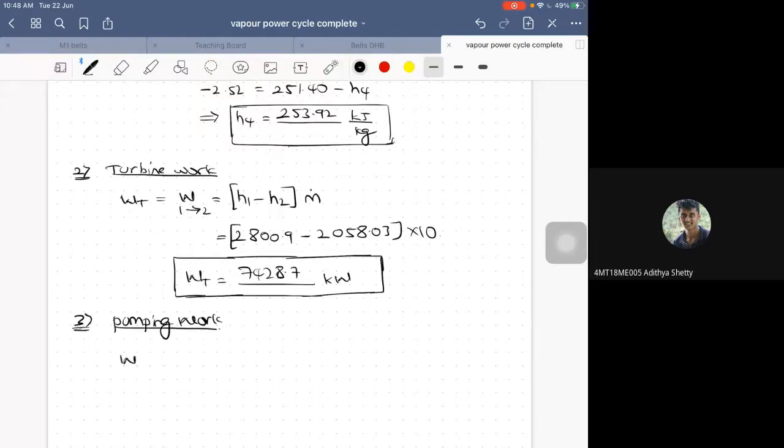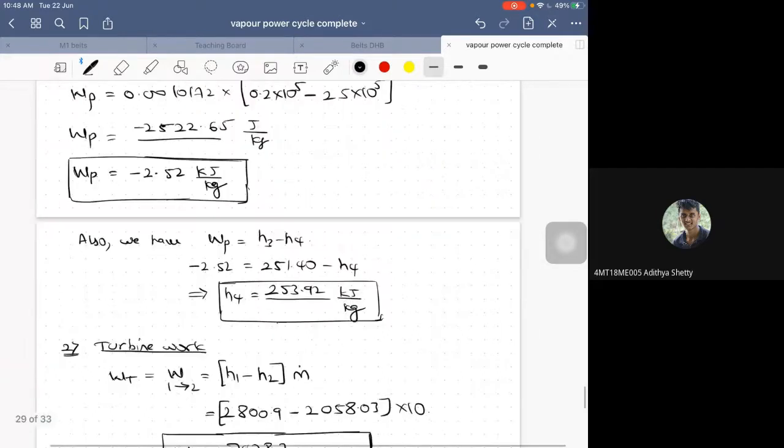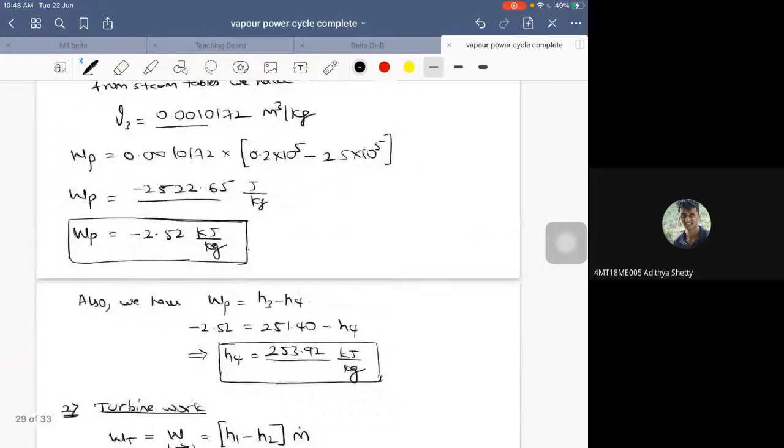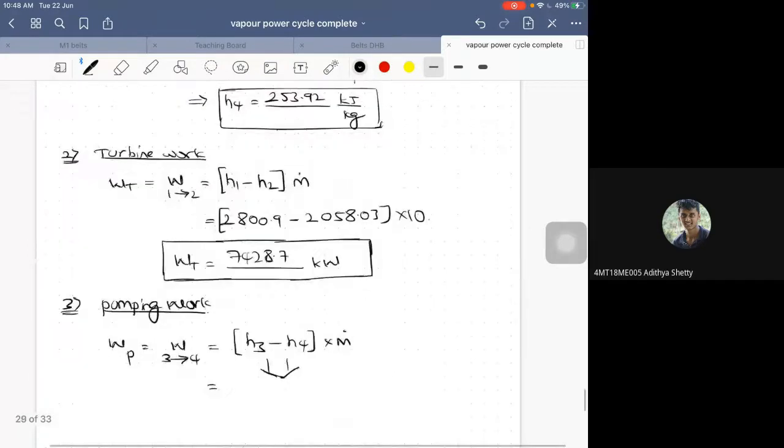So pumping work is equal to W3 to 4, which is H3 minus H4 (initial minus final), cross m dot. If you calculate directly from these H3 and H4 values, you have already got minus 2.52 kilojoules per kg.